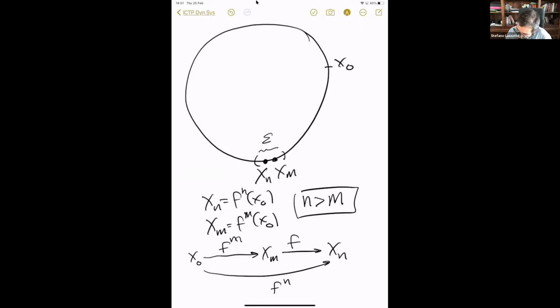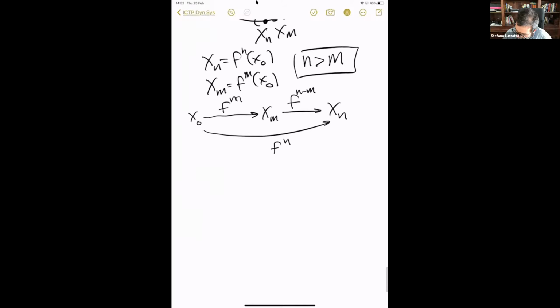How many iterates of the map do we need to go from xm to xn? N minus m. Exactly, n minus m. So we have that f n minus m of xm equals xn. Is that okay?